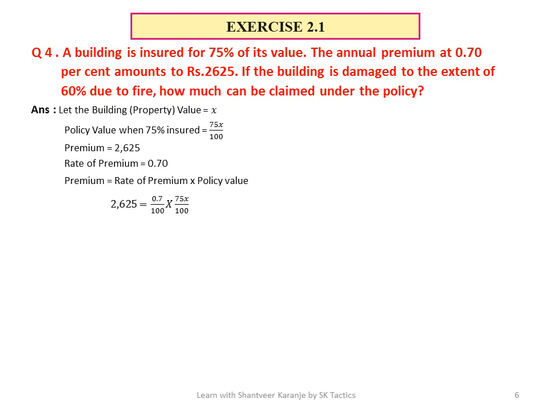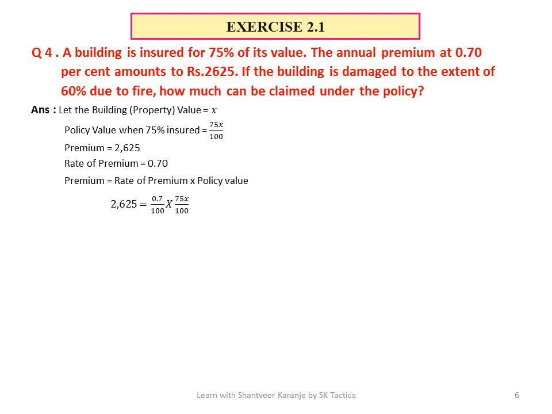I put all values, premium at left hand side 2,625 and rate 0.7 by 100 into policy value 75x by 100, and by interchanging all left to right, right to left, I put X as right hand side. This 100 into 100 goes with multiplication of 2625, and this 0.7 and 75 go to the denominator.